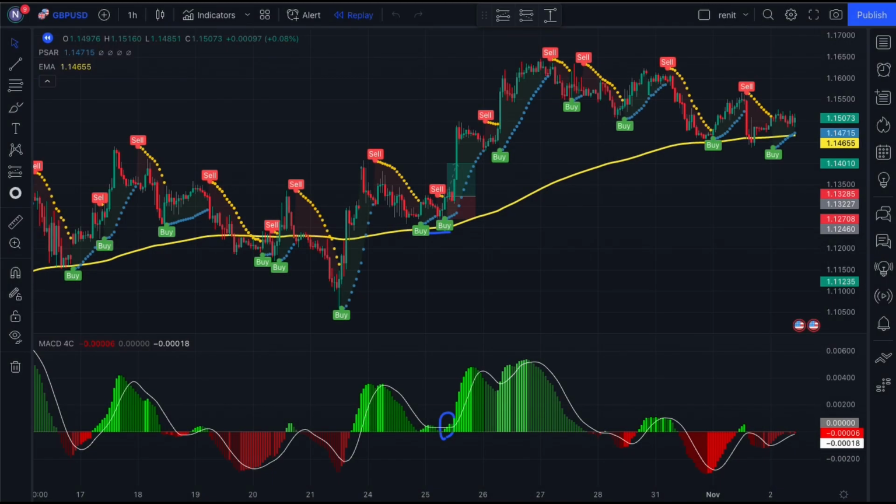Okay, with all that out of the way, I'm going to jump into Trader's Edge and compile all 100 trades to get the statistics behind the strategy.